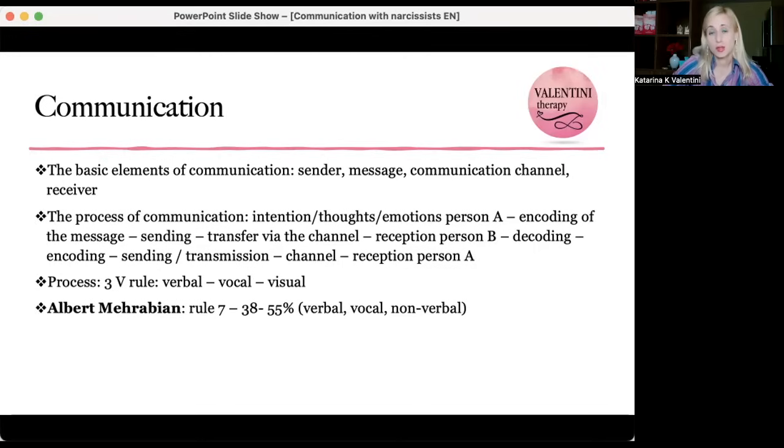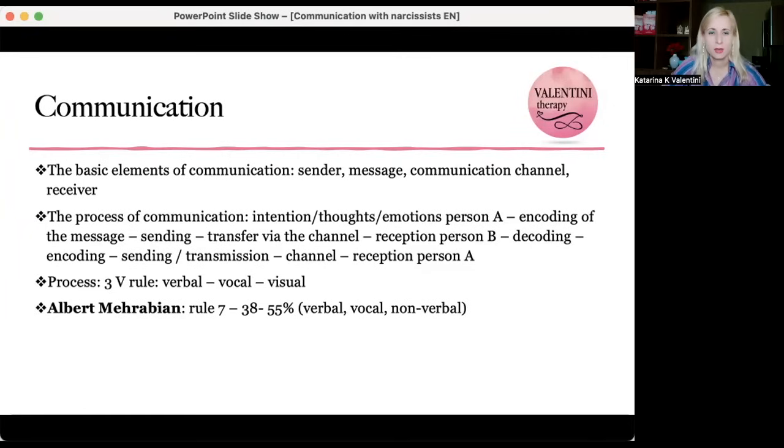And since we are talking about verbal communication, we cannot forget about vocal communication. So if you're confused, what's verbal, what's vocal? Well, verbal, it's words. Vocal is the intonation, the pace, the pitch, the loudness of our communication.